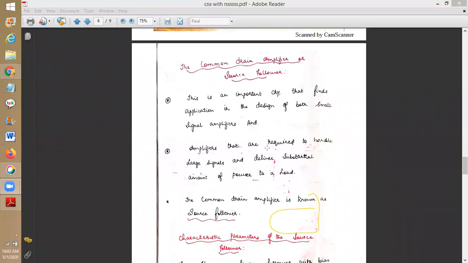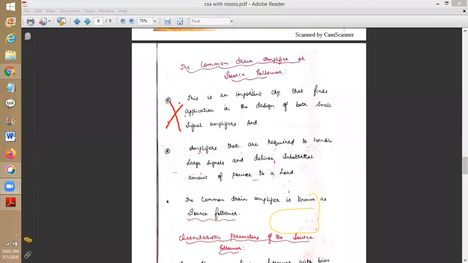These two points are important. Mark this.